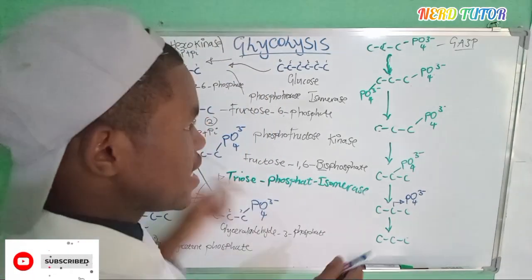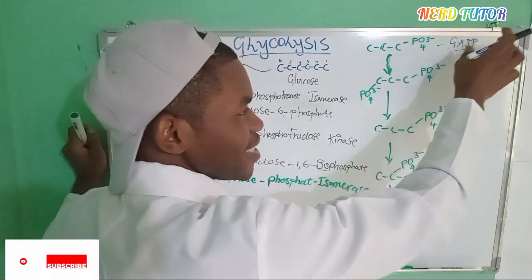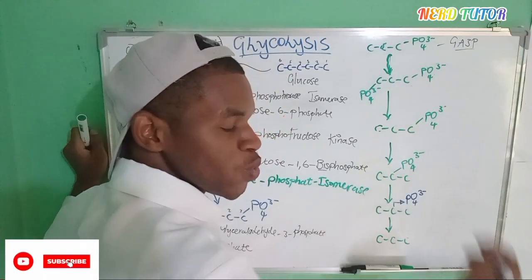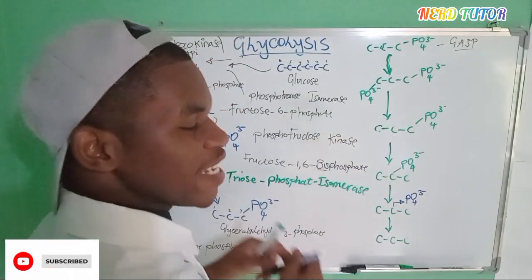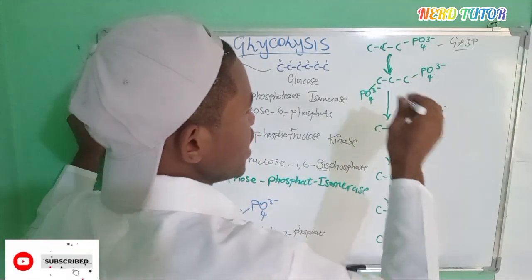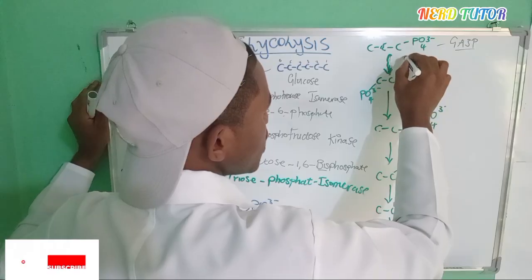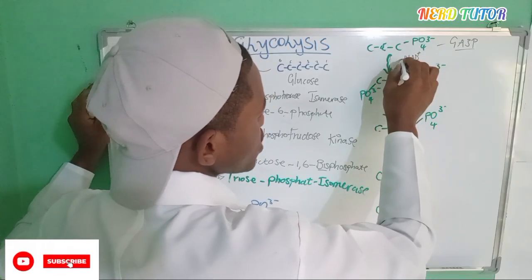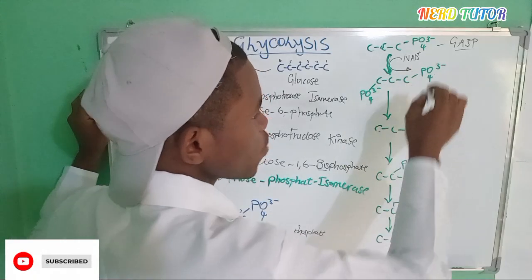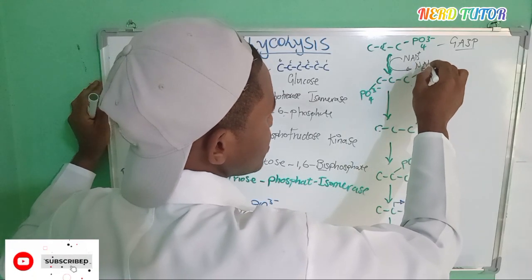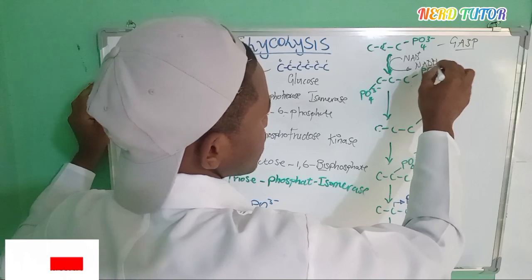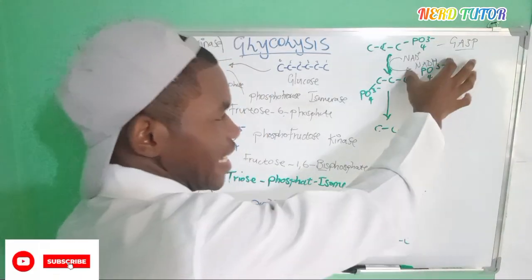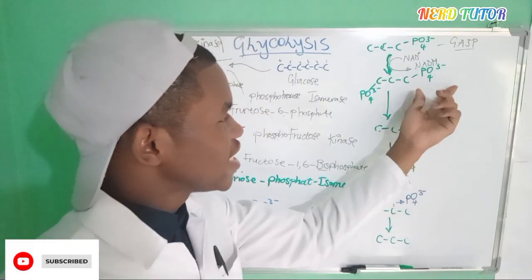So what will happen is the same enzyme, the glyceraldehyde 3-phosphate dehydrogenase, will bring the NAD plus, and it will be reduced to NADH. By reduced, I mean it has gained electrons.